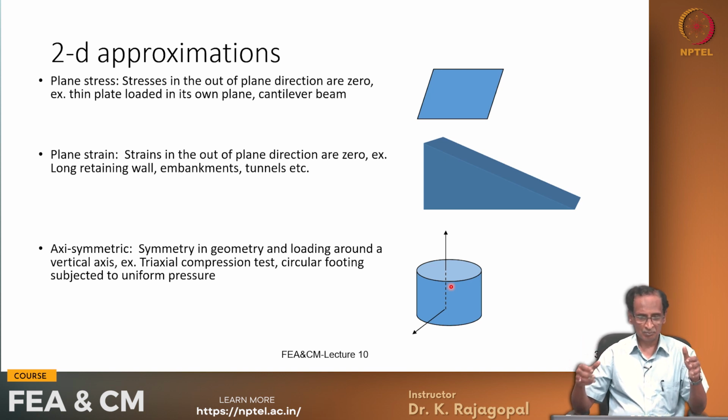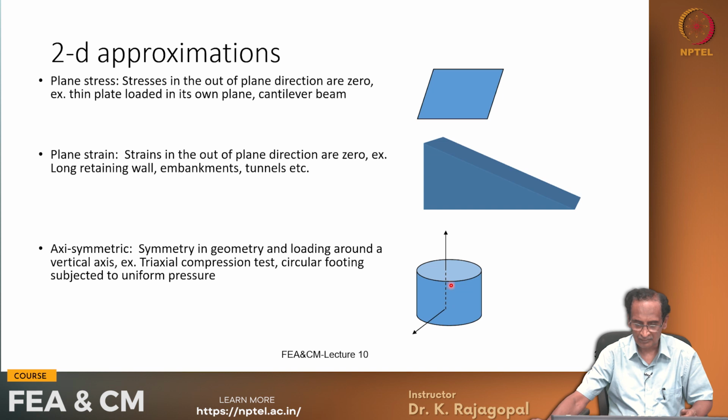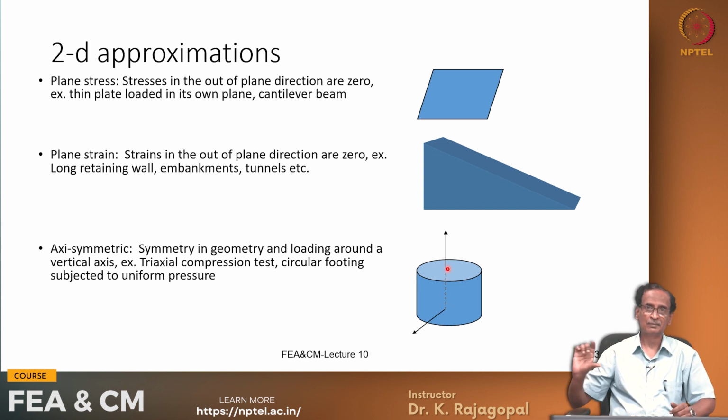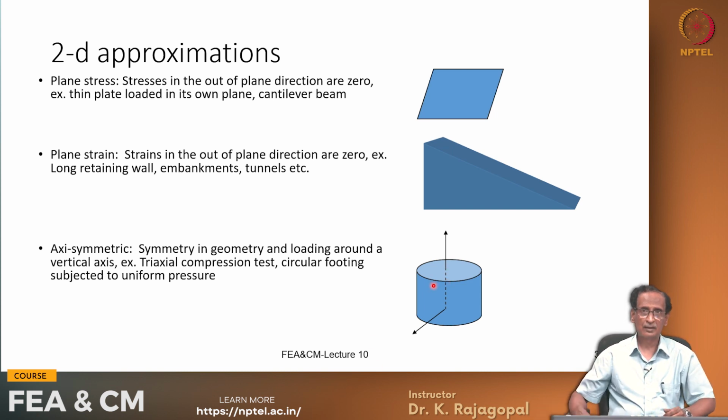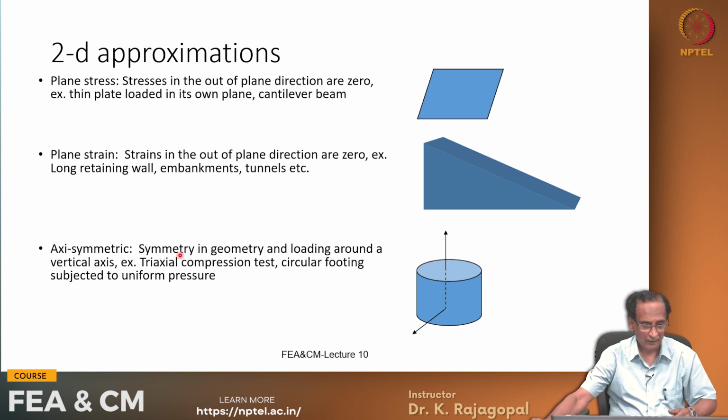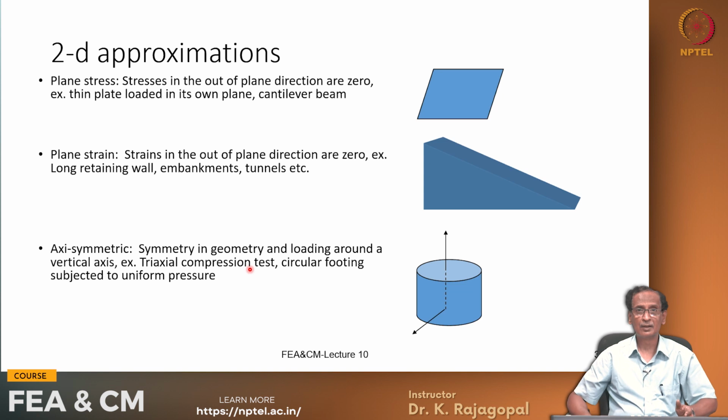So, if you have a radial symmetry like this, we can just consider a 2-dimensional stress state that we had discussed earlier, and then we will see a bit more in today's lecture. And this axisymmetric case is very common for circular footings under uniform pressure, or our own triaxial compression tests in geotechnical engineering, or the consolidation test, and so on.